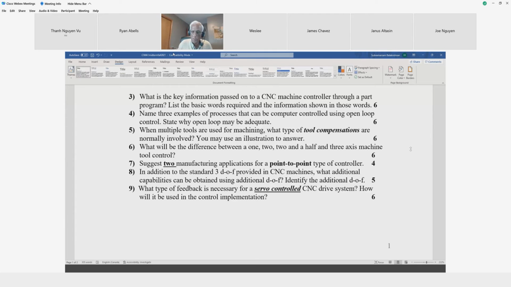Dr. Ballard, anybody? Explain the point-to-point controller. Can you explain what a point-to-point controller is again? Okay. Take the operation of a drill. You're going to go from one point to another point, and I gave you the example of Dominion Bridge, 1,000 holes to be drilled. You don't do any interpolation at all.